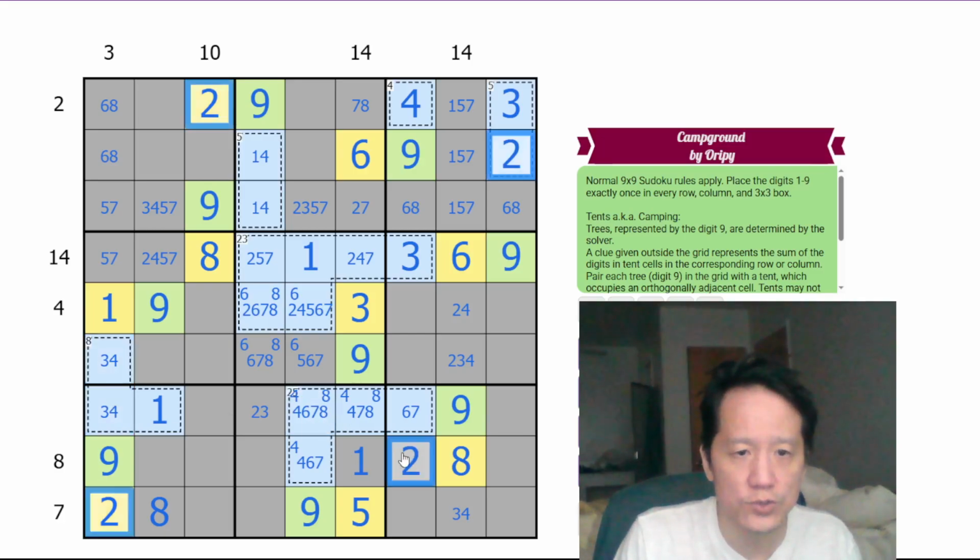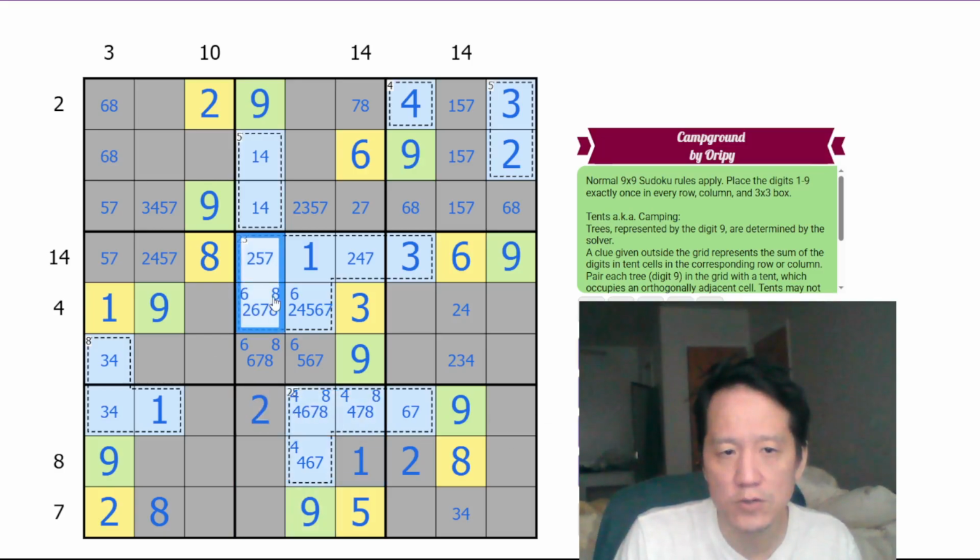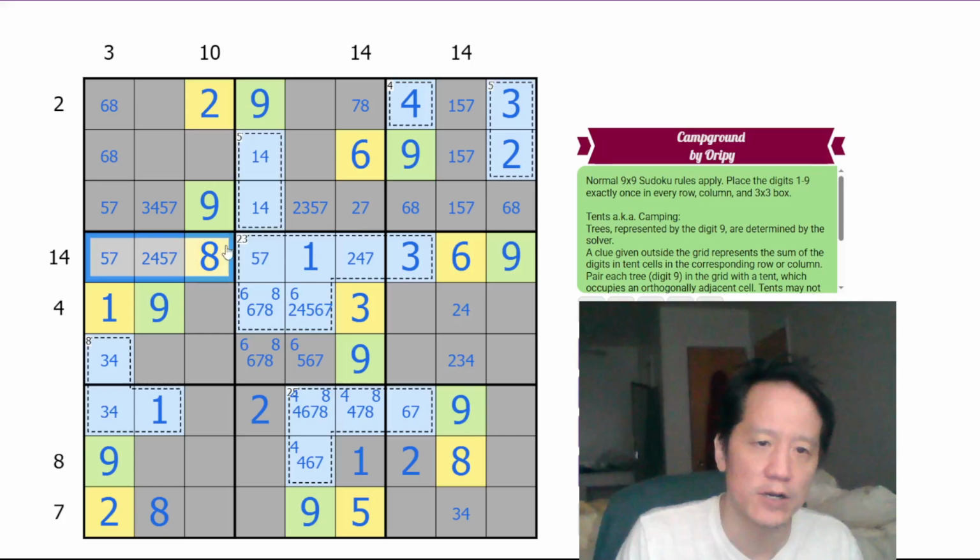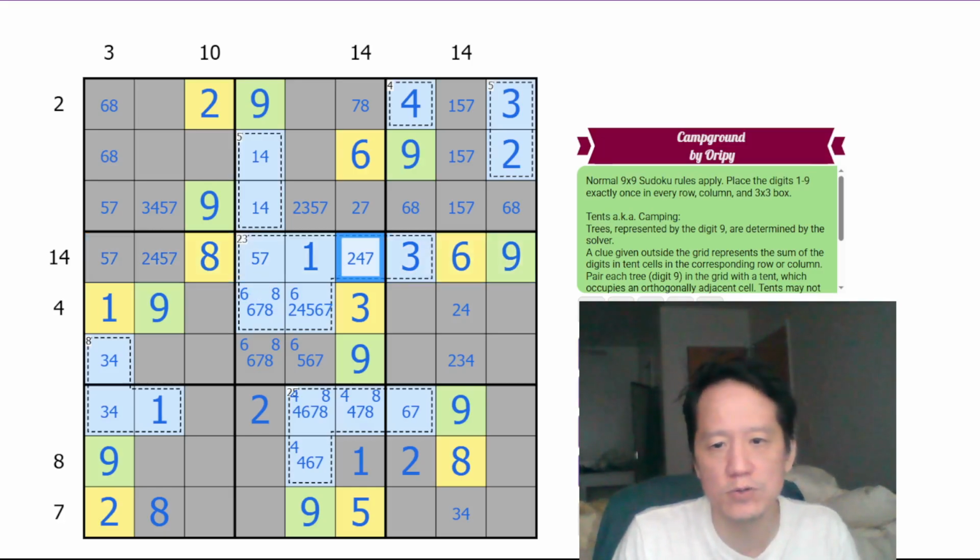Where is the 2 remaining in box 8? It cannot be here, cannot be here, can't be here. It must be here. So this is a 2, which means neither of these are 2. We have a 5, 7, 5, 7 pair in row 4, which eliminates 5 and 7 from the rest of the row. This can't be 7, this can't be 5 or 7.